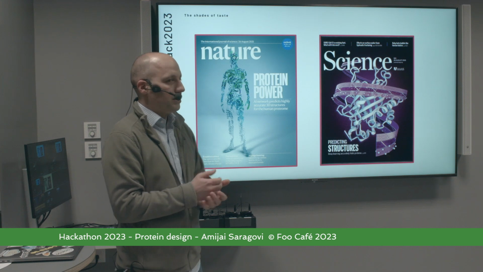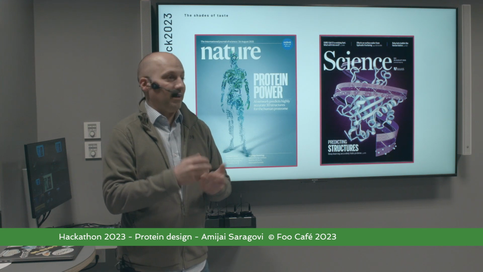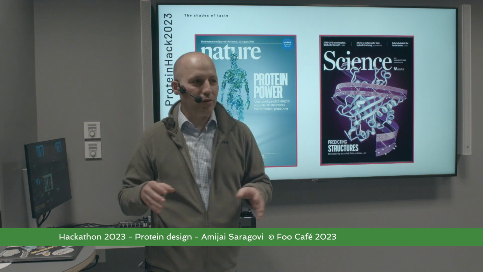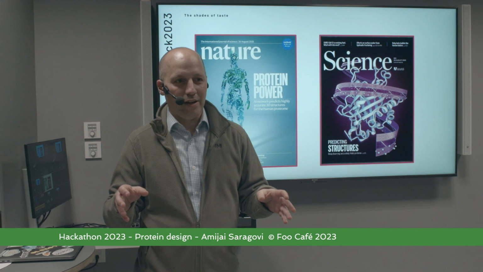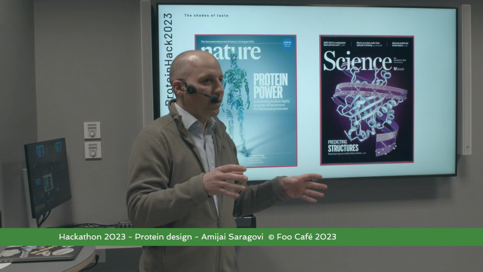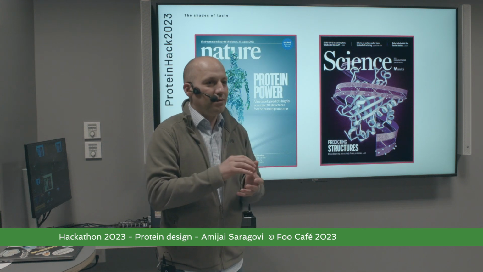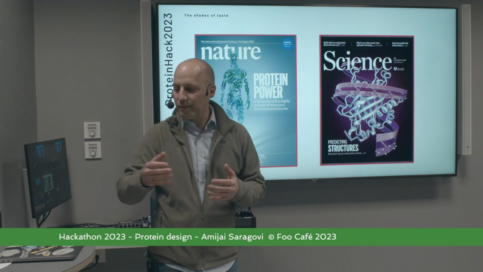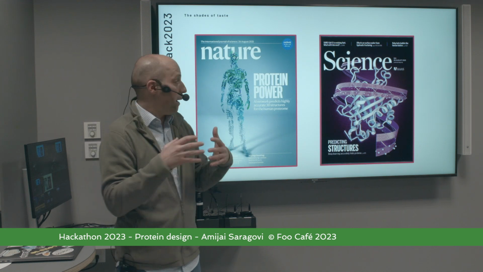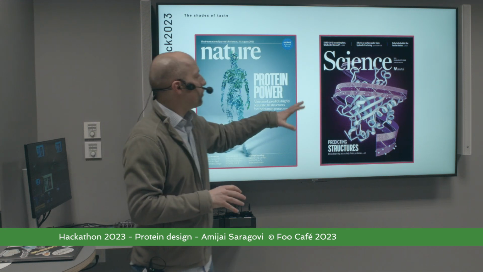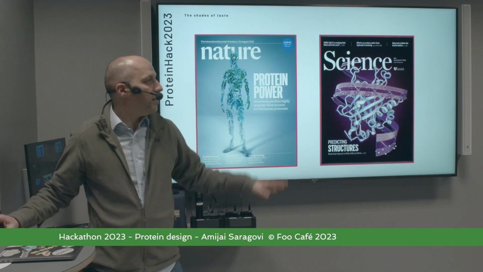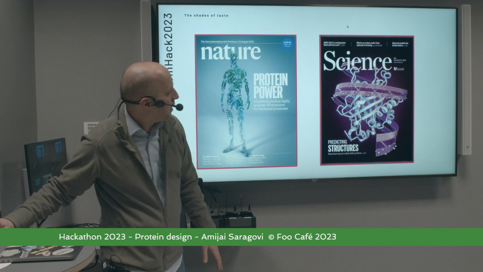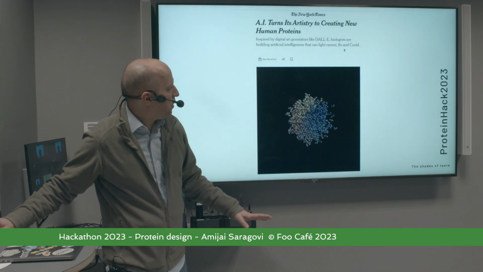And they are pretty fast, so you can take 10,000 sequences and get a structure. Well, it depends how many GPUs are available, but you get the structure the next day, which is kind of cool because now maybe we can design stuff and very quickly check if they are folding to the structure we want. So this is kind of amazing, and this was the breakthrough of 2021 in Science and in Nature, at least the two most hyped magazines in science. But it didn't stop there.